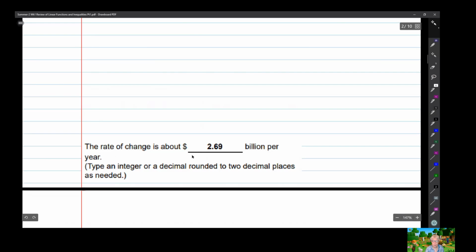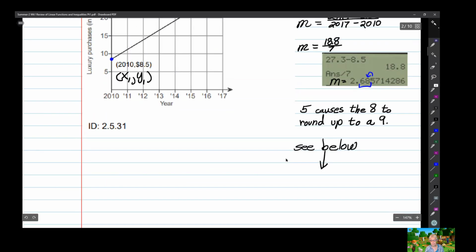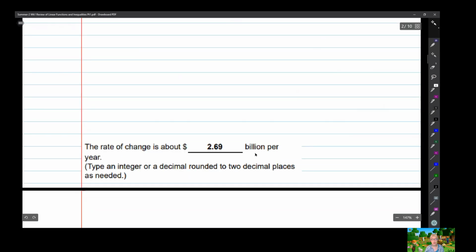The rate of change of luxury purchases per year in that particular country is $2.69 billion per year. Here are the instructions: type an integer or a decimal rounded to 2 decimal places as needed, and we needed it. So 5 caused the 8 to round up to a 9, which gave us the answer 2.69, with billions understood.